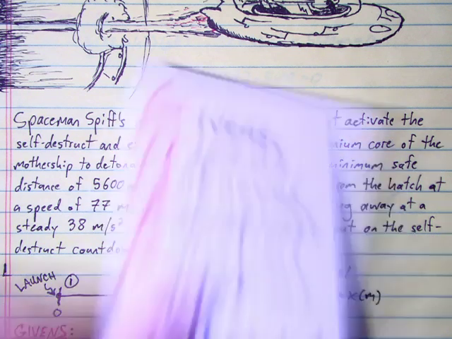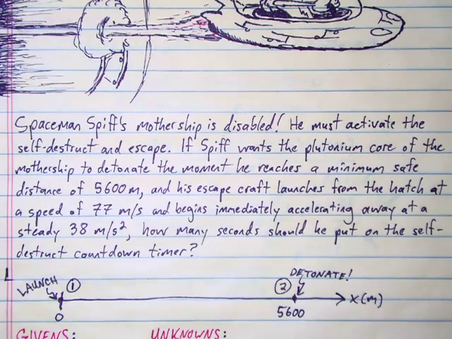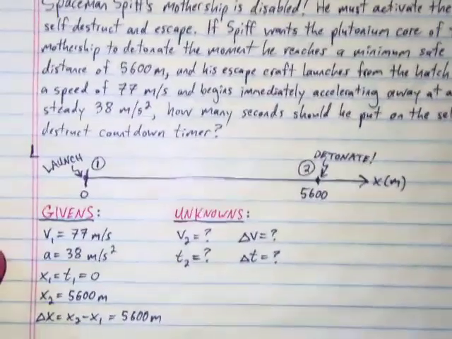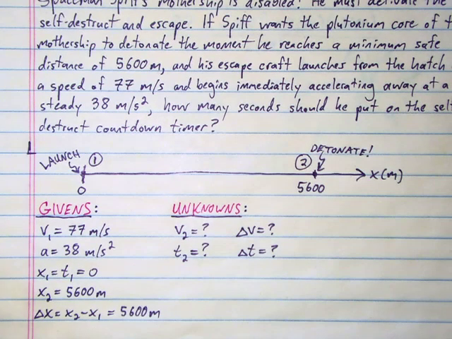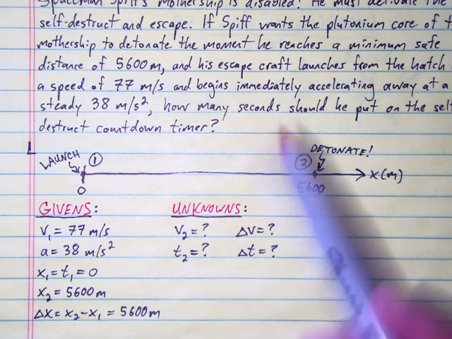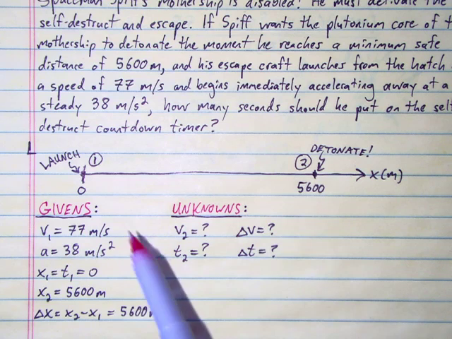Okay, of course, we will be using the GUESS procedure to solve this problem. Let's identify our givens and unknowns. We know his initial velocity at this moment. We know that his acceleration during this entire period is a constant 38 meters per second squared. That's what's going to allow us to use our constant acceleration equations. We're free to say that this is a position of 0, and we can start the clock there, make that a time of 0 as well.